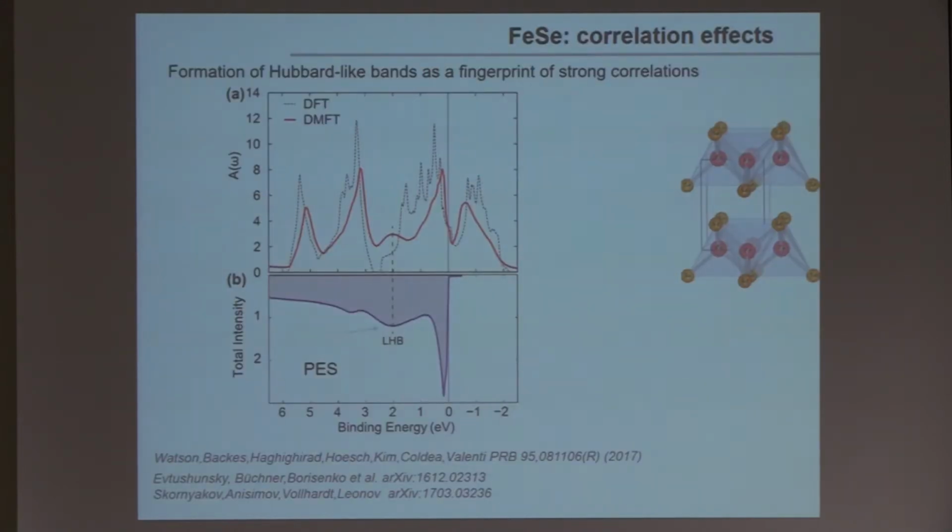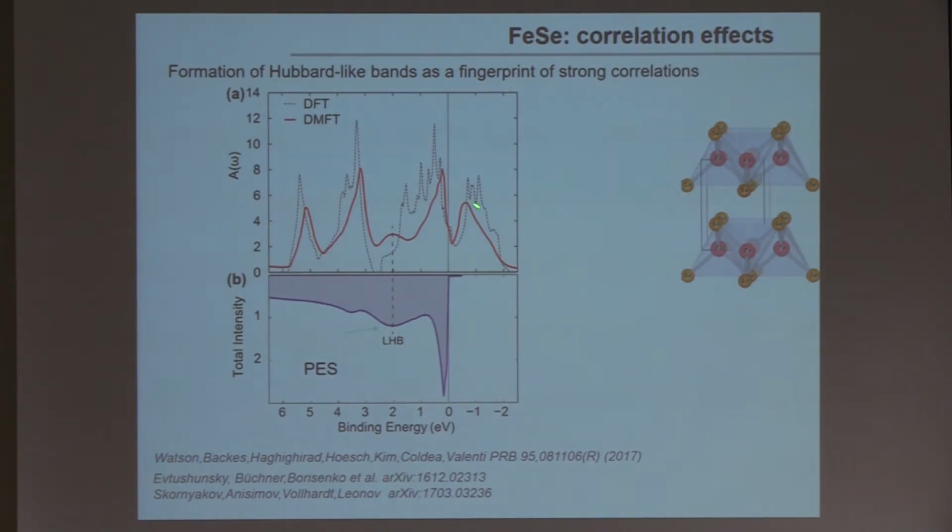And these are, in fact, the experiments that Matthew Watson, Amalia Coldea, and their collaborators did in Oxford. They took iron selenide, and they measured the evolution of the spectral weight going down to higher binding energies. And they find the presence of the quasi-particle peak, then there is a dip where there is no weight, and then the appearance of the lower Hubbard band, which agrees with these LDA plus DMFT calculations.